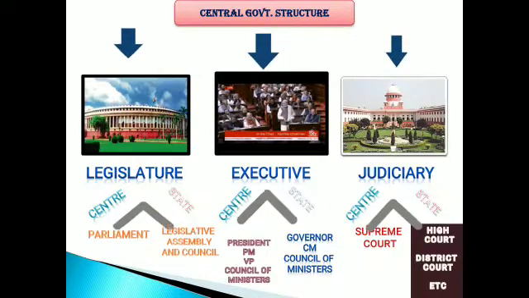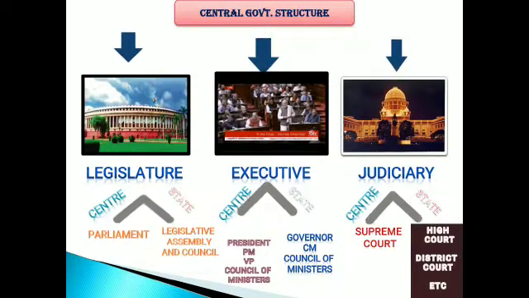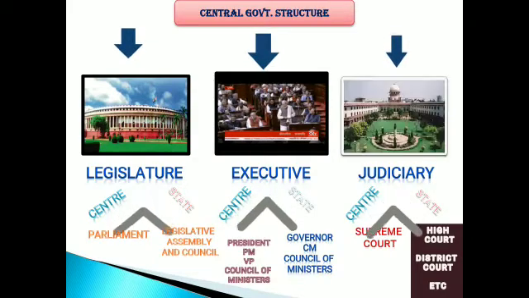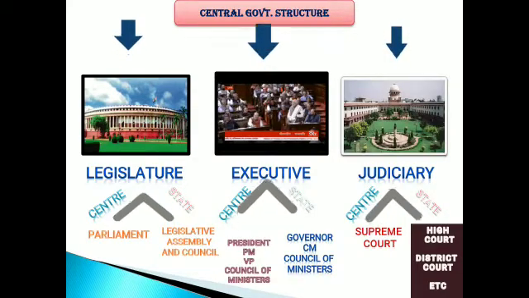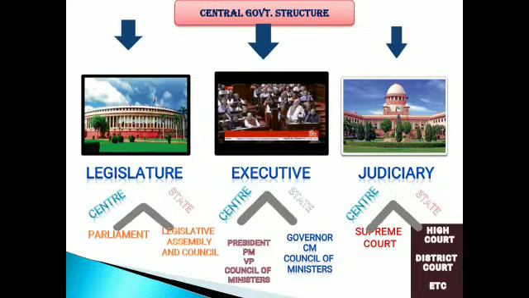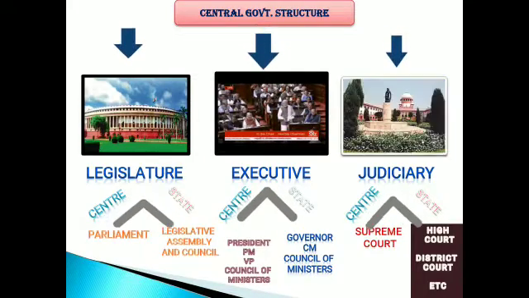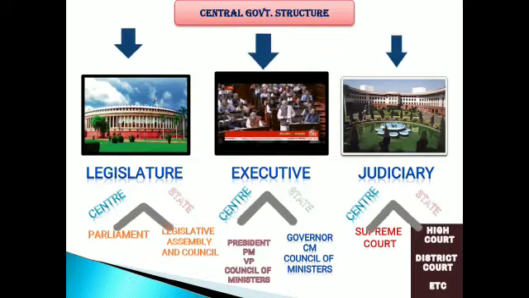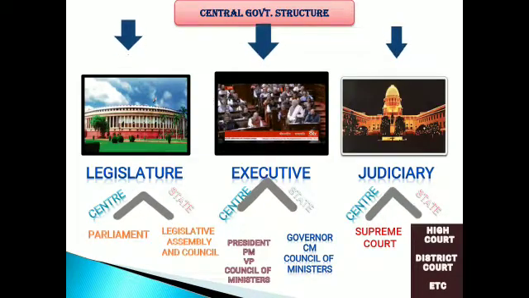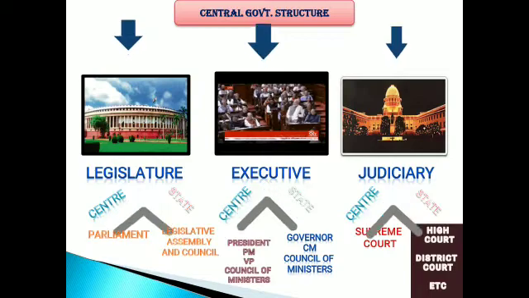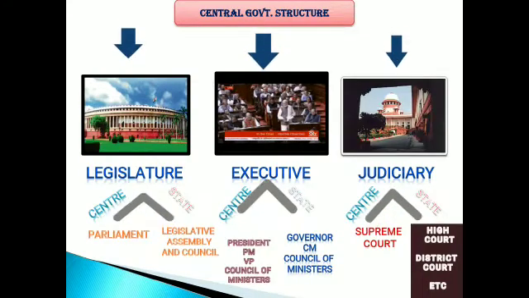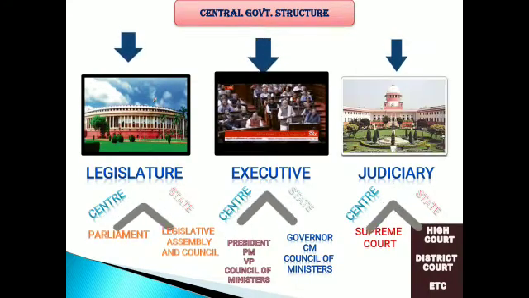We call these unicameral legislature and bicameral legislature. Unicameral legislature means one house and bicameral legislature means two houses. These legislatures will make laws and those laws will be implemented by the executive.